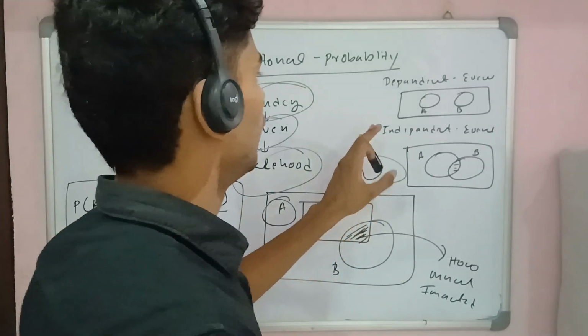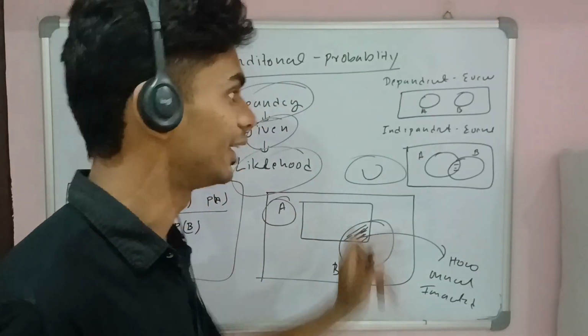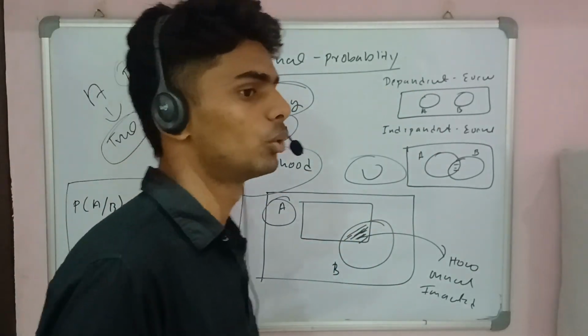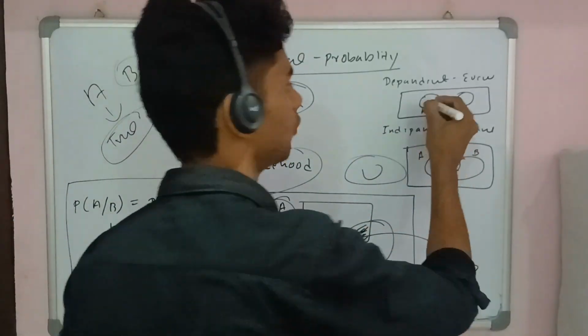Again, this conditional probability has two different domains. The first one is the dependent event, and the other is the independent event. Independent events are two different situations, two events that are far away from each other.